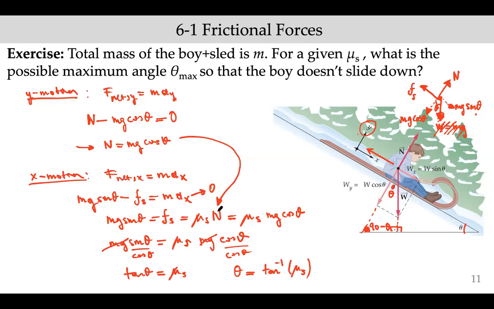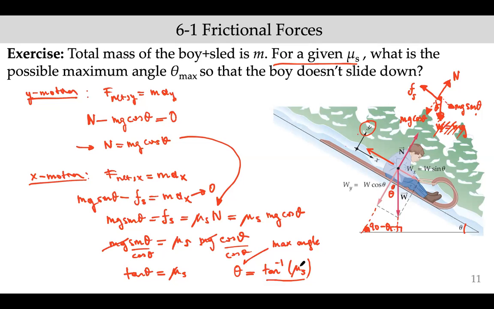So for a given mu s, this is the maximum angle that you can put the buoy and the sled so that they won't slide down. For a given mu s, if you have this angle larger than this value, this is some value.